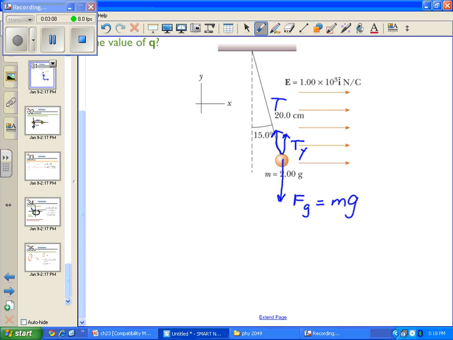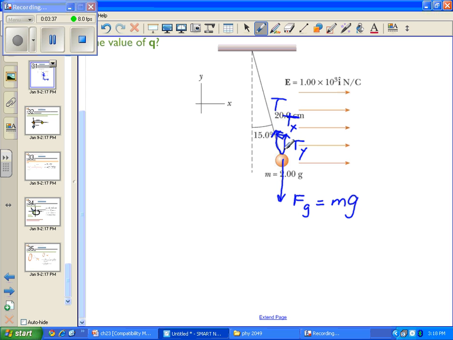There will also be a horizontal component, Tx. Now, what does this component balance? Well, if there was no other force acting along the horizontal, our charge would be accelerating in the x direction. But we're told to determine the value of Q such that there is no acceleration, both in the x direction and in the y direction.